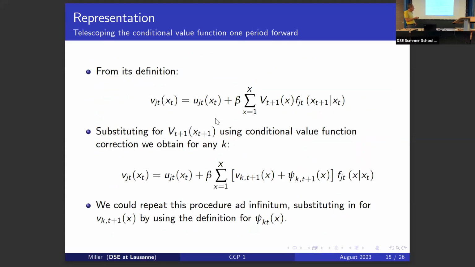So now what I want to do is substitute for b t plus 1 little v k plus the correction factor for k. Here it is, and here.